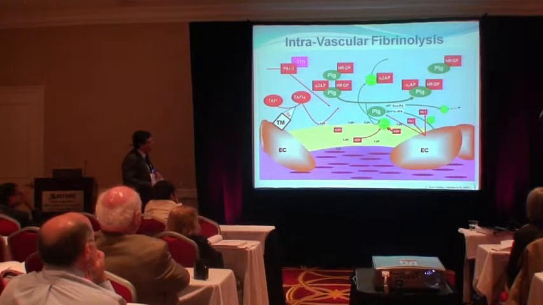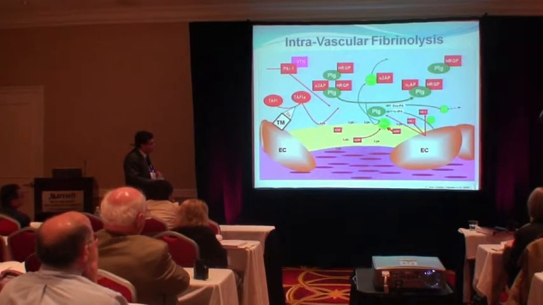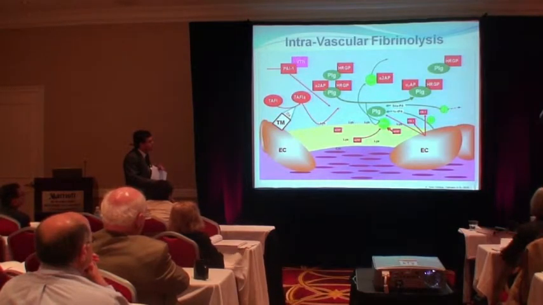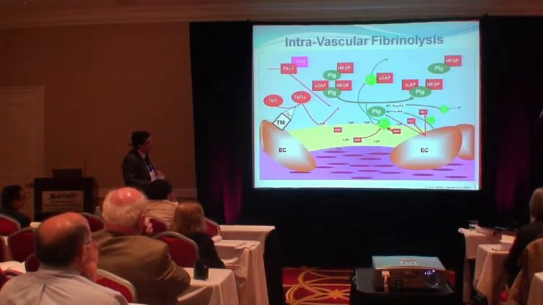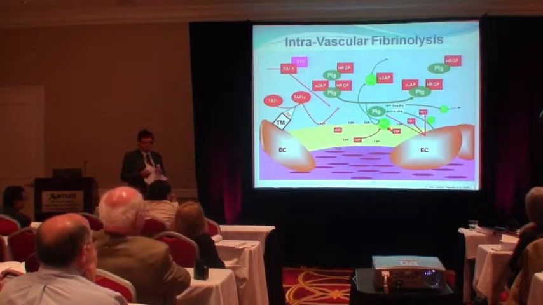Another protein which also delays this is alpha-2 antiplasmin, which is present in the fibrin clot. And you know that the very low levels of plasmin which are generated are readily inactivated by alpha-2 antiplasmin, and then they become unable to cleave fibrin. And finally, there is PAI-1, which will inhibit TPA, but TPA bound on the fibrin clot is protected from PAI-1 inhibition.